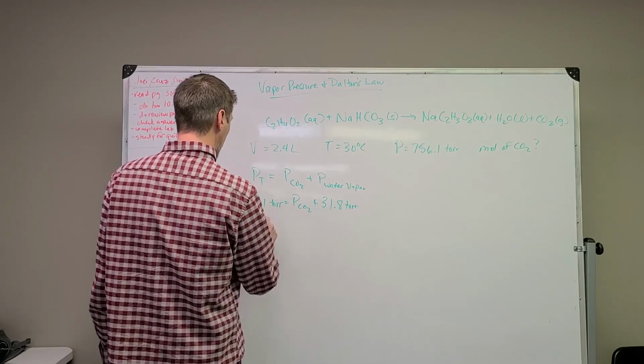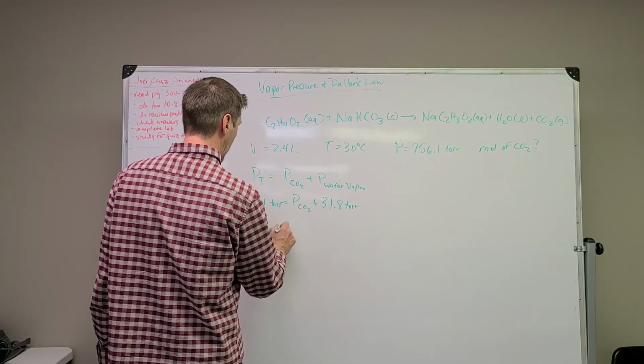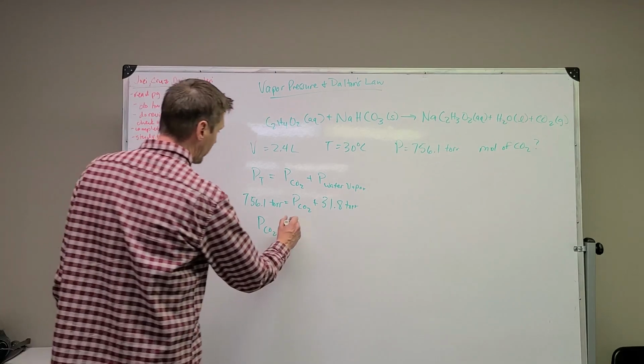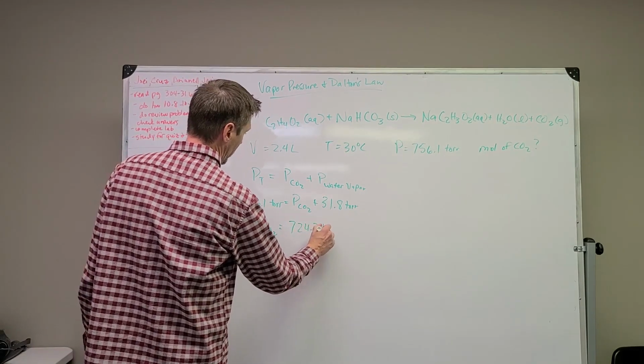So from that, we can calculate the pressure of CO2 and determine that it is 724.3 torr.